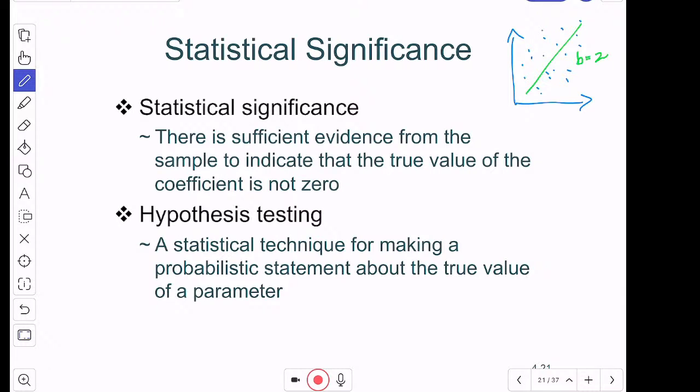How well do those fit to the line? That's going to be captured in the regression coefficient. The coefficient tells us the strength and the direction of the linear relationship between x and y.